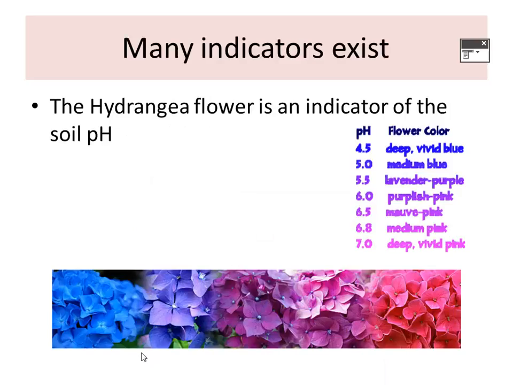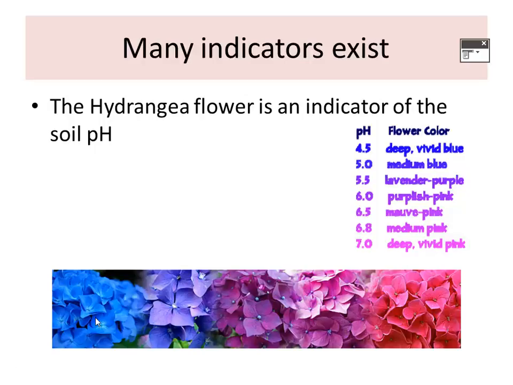Spring's coming up, and hopefully by May and June you guys will notice the hydrangea flowers. Hydrangea flowers are a pH indicator of the soil. The color of the flower depends on the pH of the soil.